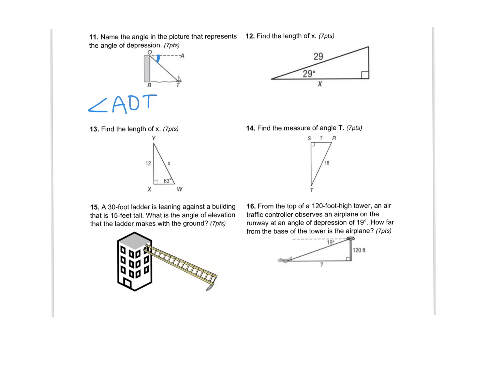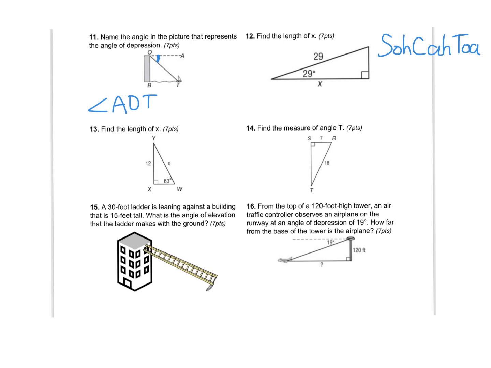Okay, so for number 12, it says find the length of x. So we're going to use trigonometry again here. So if we look at Soh Cah Toa, basically what we're using this for is to find out which trig function we should use, sine, cosine, or tangent.